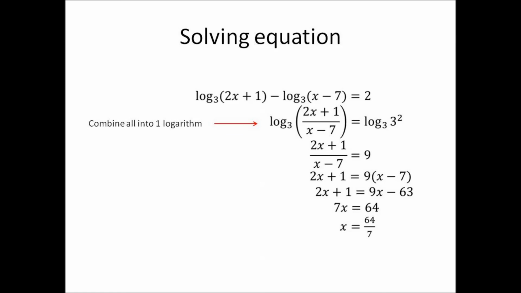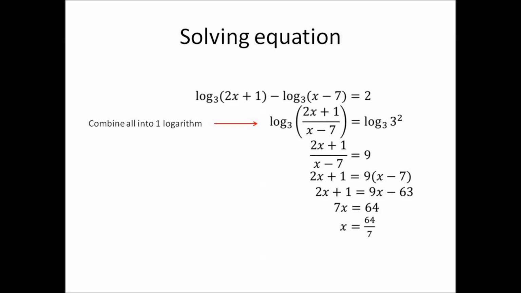So right now after changing all to log base power 3, we can actually straight away combine that the bracket 2x plus 1 over x minus 7 is actually equals to 3 square. You can see that the log 3 can cancel off like that, because we can just compare directly of the two items. So we will just simplify everything and becomes a fraction over there.